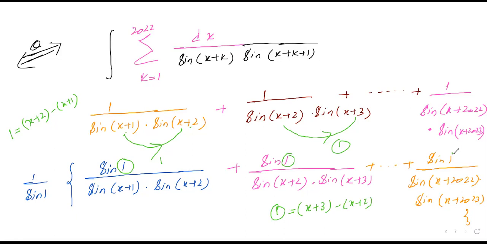And in the final term, you have to replace 1 by x plus 2023 minus x plus 2022. So now let's see further steps. So 1 divided by sine 1. Now I would prefer a vertical step to add these terms.